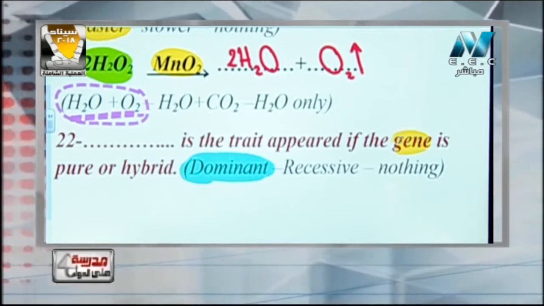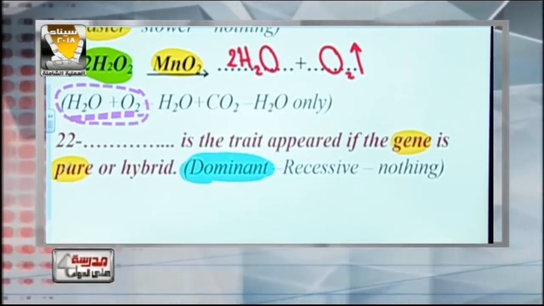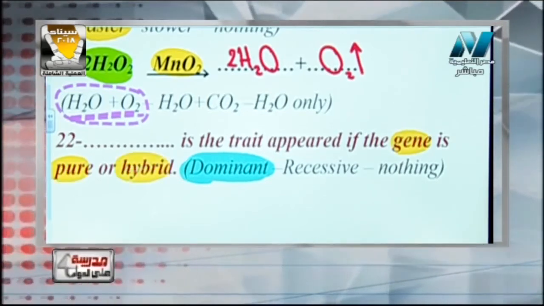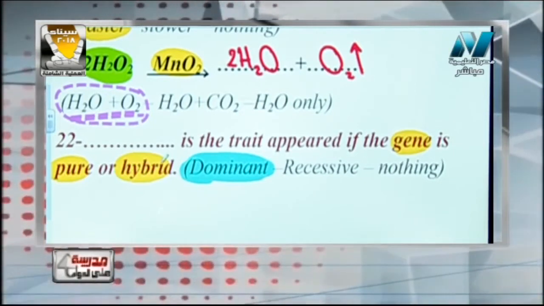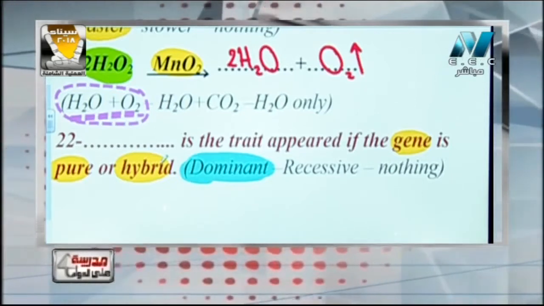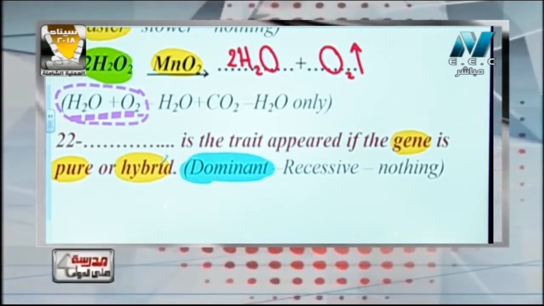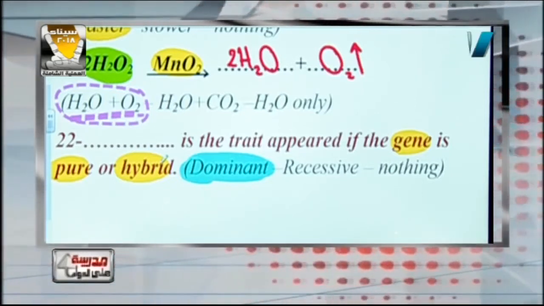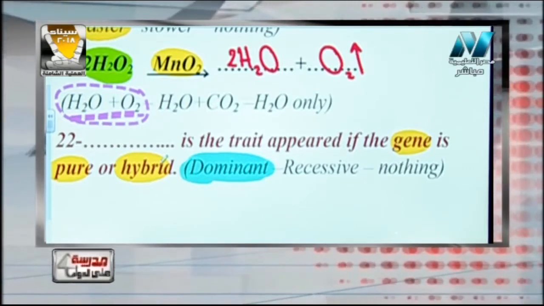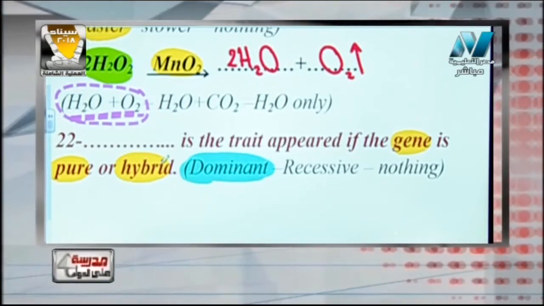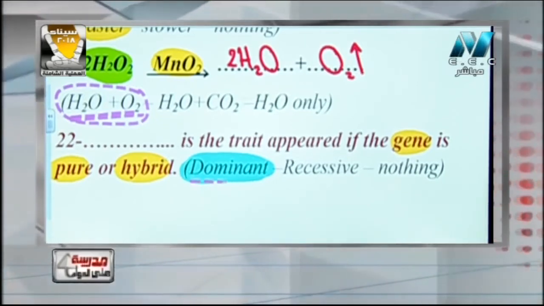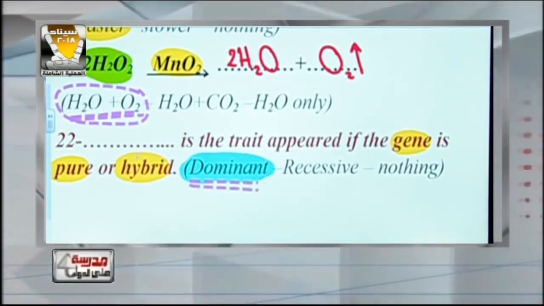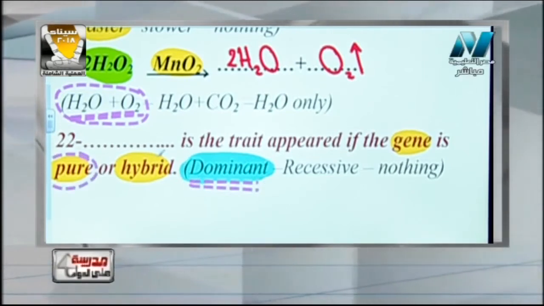Because whether the gene is pure or hybrid, the trait will appear as tall stem, as yellow seed, as green pod, as, for example, terminal flower and so on. So if we talk about the dominant trait, we know this trait appears if the gene is pure or hybrid.